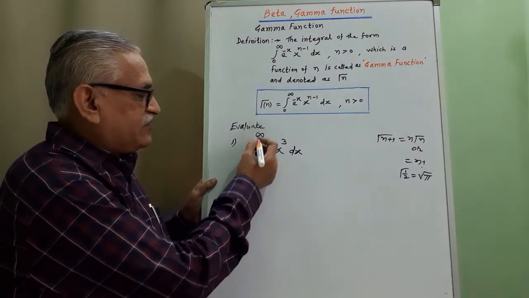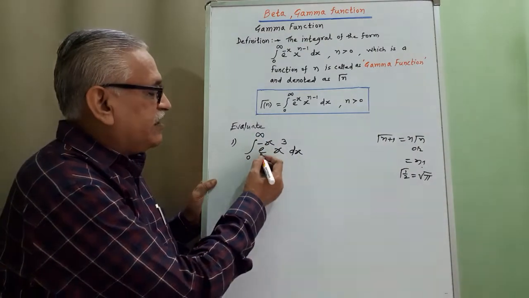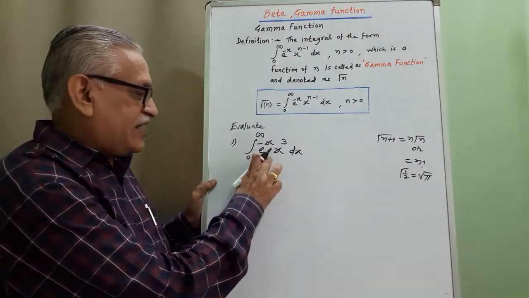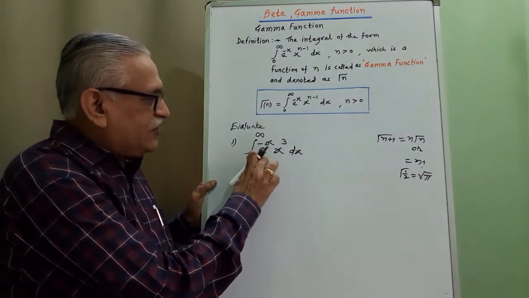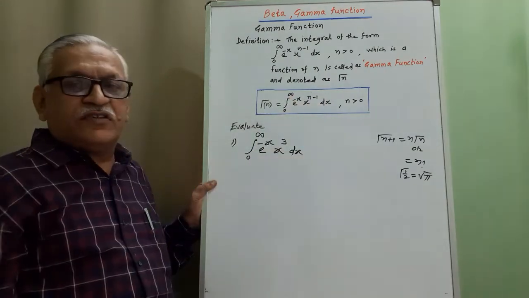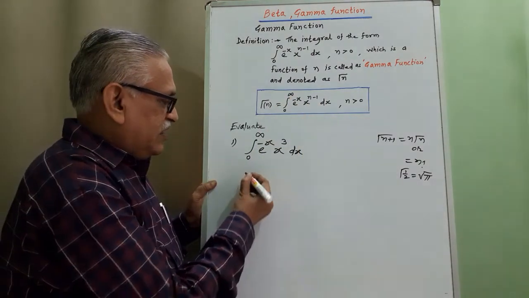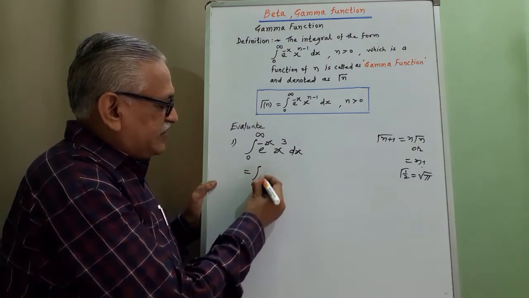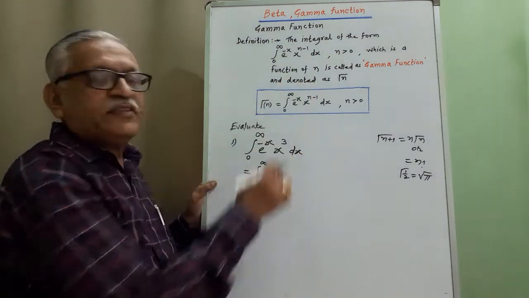First one, integration from 0 to infinity, e raised to minus x, x raised to 3 with respect to x. Whenever we have to evaluate it, we compare this with the definition form, and therefore I can rewrite this integral, limits are 0 to infinity, same limits.